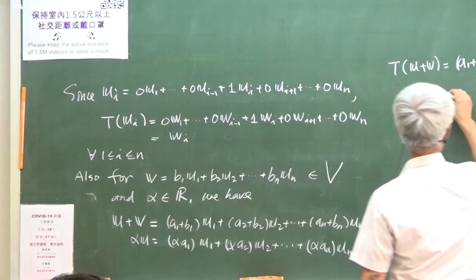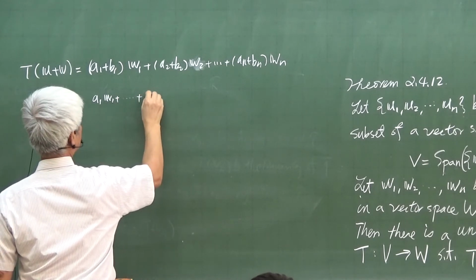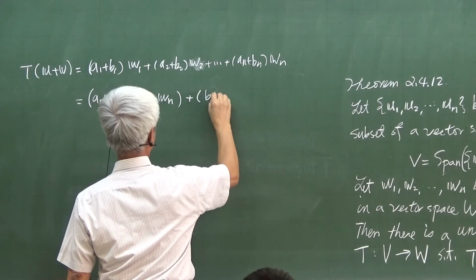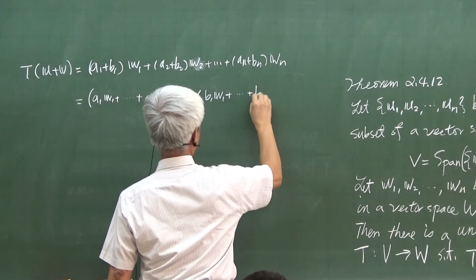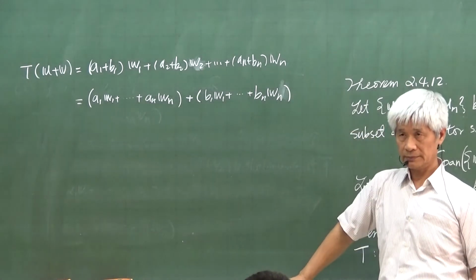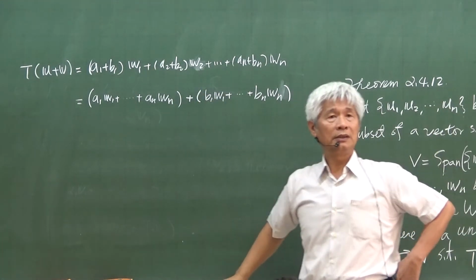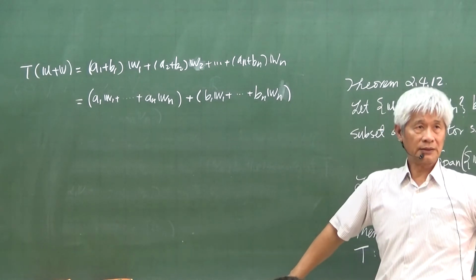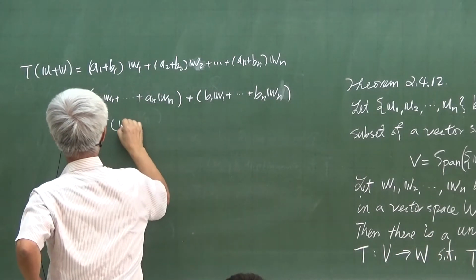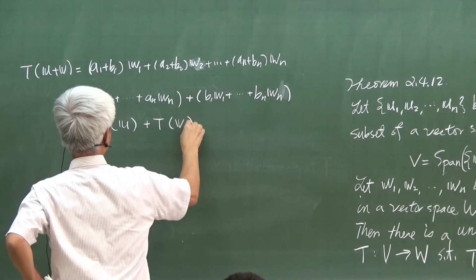Alright, so now this is a linear combination of vectors in capital W. Right? And now we can split them by the 7 axioms into the sum of 2 vectors in W. And this is exactly the definition of T(u) plus T(v).